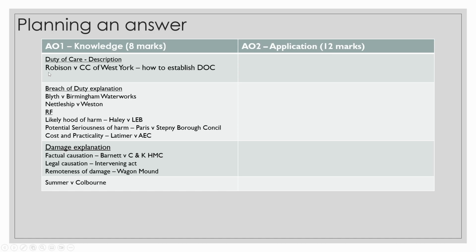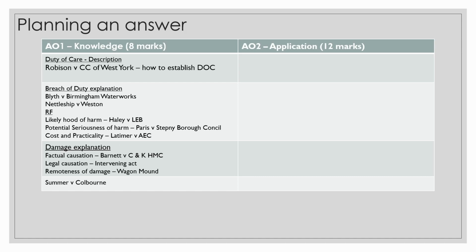So, duty of care, case Robinson, establishing duty of care. Breach of duty, you explain that, and then you use Blyth v Birmingham Waterworks to explain the standard of care, and then you can do a further developed explanation by using another case, Nettleship v Weston, which is about the level of care of drivers. Then you can look at risk factors and the different cases you can use to explain them.